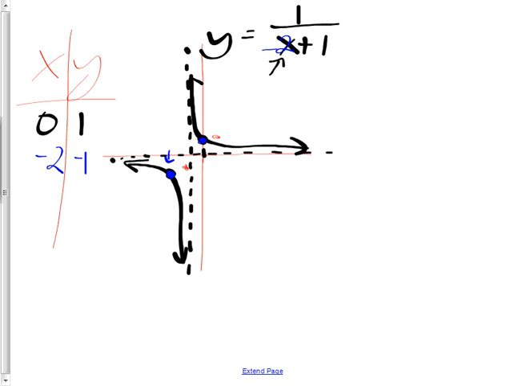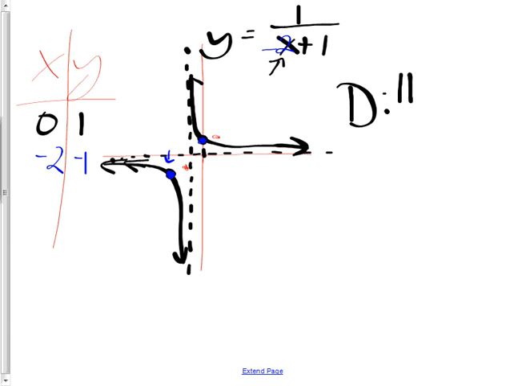For the domain thing, let's do the domain and range on this one then. Okay, would you agree domain is from left to right? And how far left can it go? Forever. How far right can it go? Forever. But as you're moving from left to right, what's the thing on the x-axis? Remember, domain's about x's, right? What's the thing on the x-axis that it can never be? Yep.